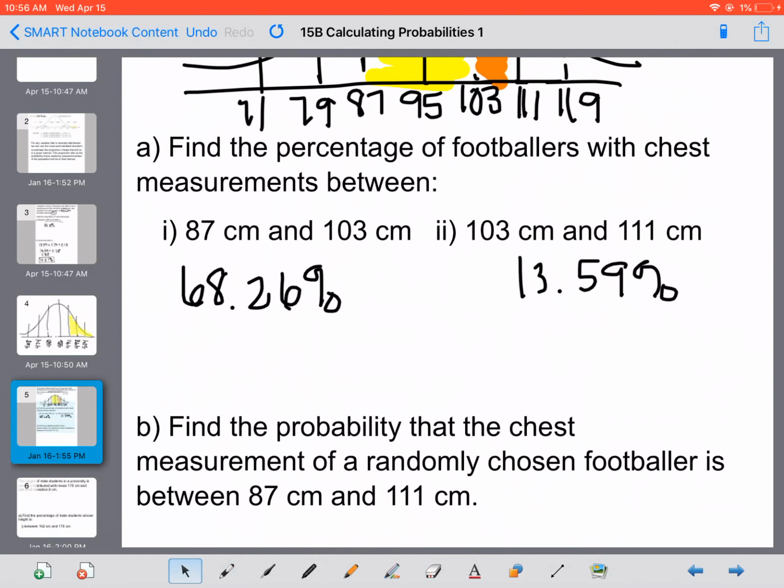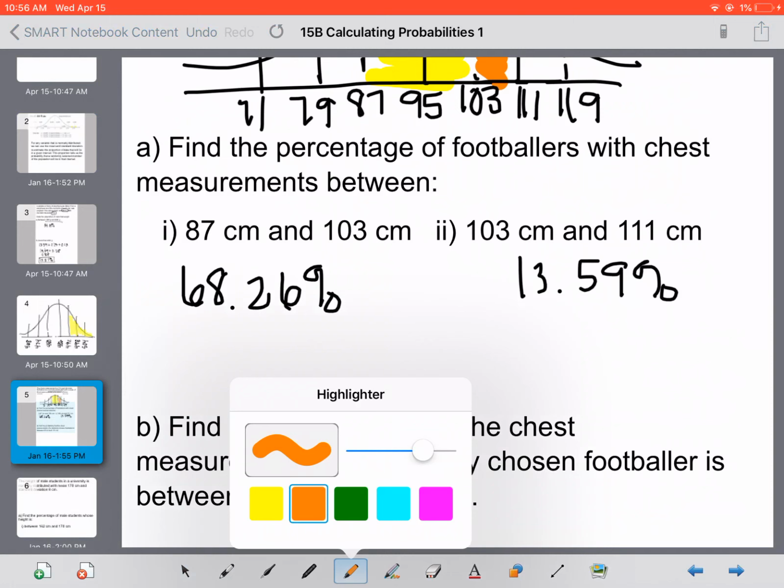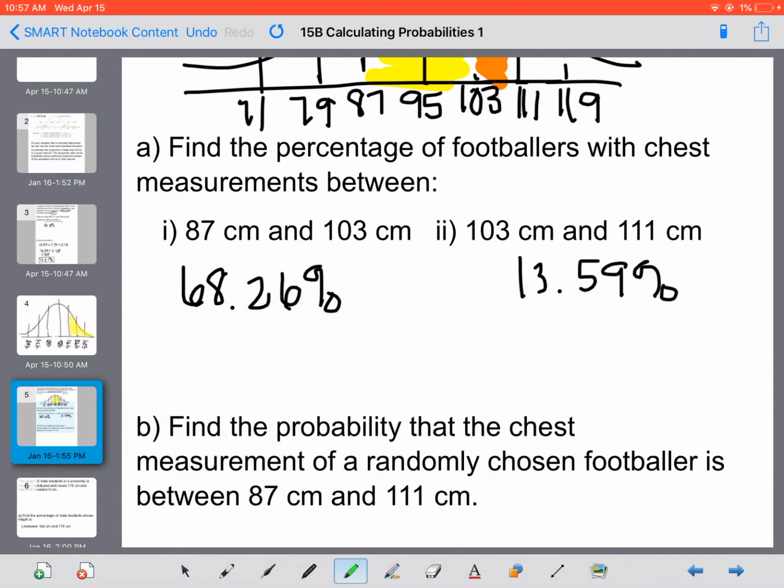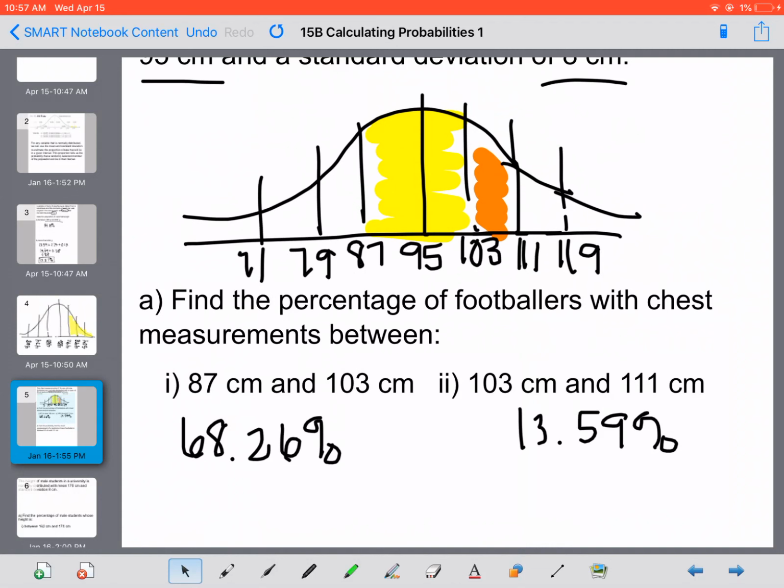Okay, now it says find the probability that the chest measurement of a randomly chosen footballer is between 87 and 111. So notice, you guys, I'm wording it a little differently, but I'm asking you the exact same thing. So when you think about what is that area under the curve, we'll just go with the green area. So we're going from 87 to 111. So now I'm talking about this entire area here.